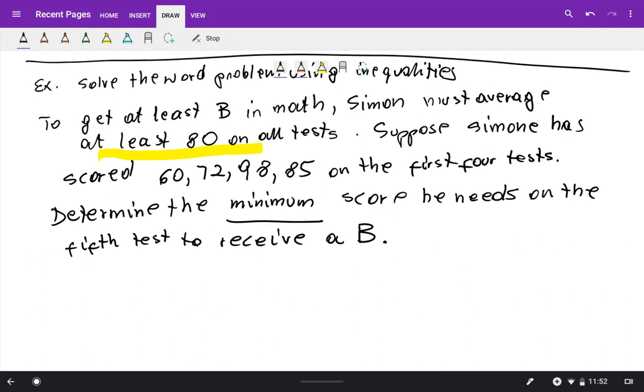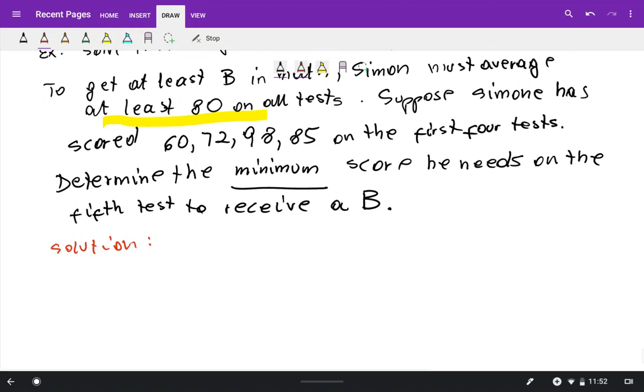So let's introduce the variable. X is going to be the score from the fifth test.